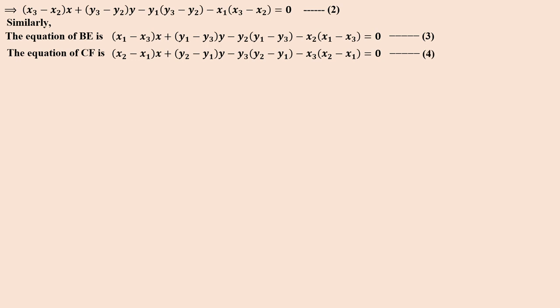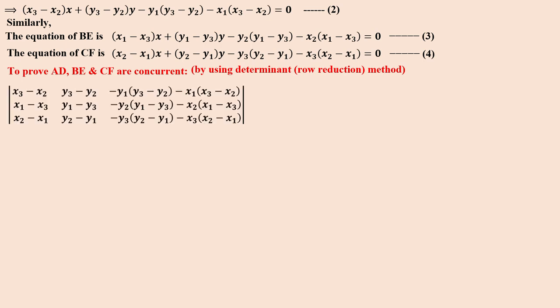Now we need to prove these three lines, equations 2, 3, 4, are concurrent. For that we are using the determinant idea, the row reduction method. First write the coefficients of all three equations: x coefficient, y coefficient, then the constant term. So you get the determinant.